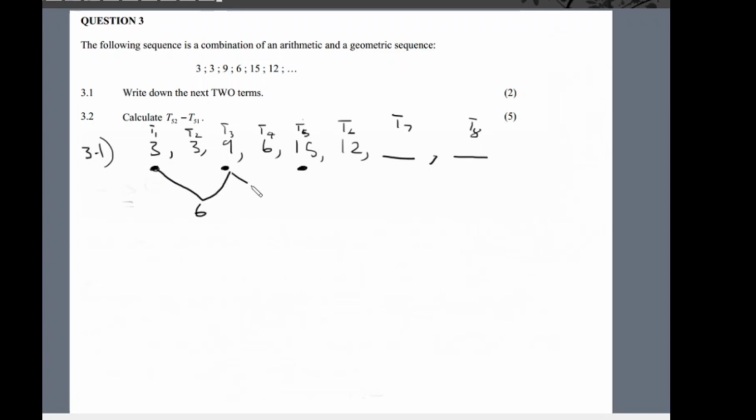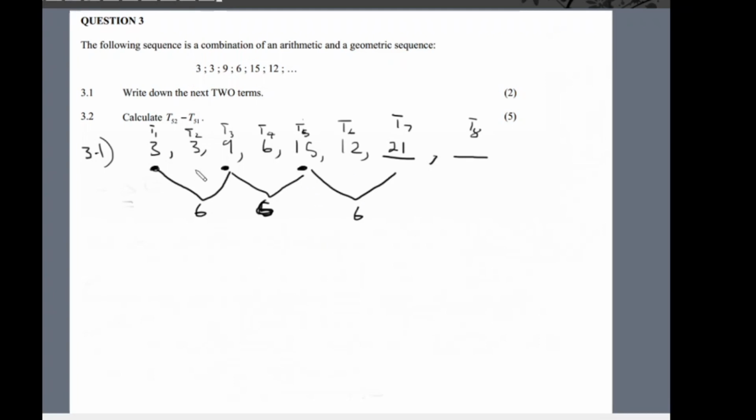To move from term 3 to term 5, they added 6 again. 3 plus 6 is 9, 9 plus 6 is 15. So to move from term 5 to term 7, you must add 6, and then you'll get to 21, right?